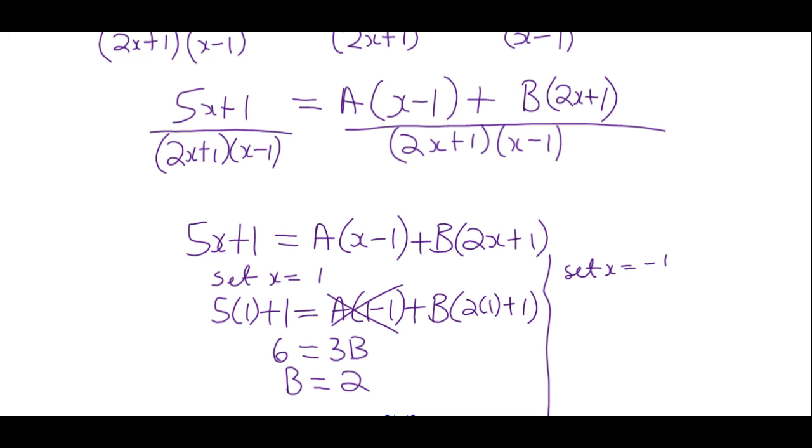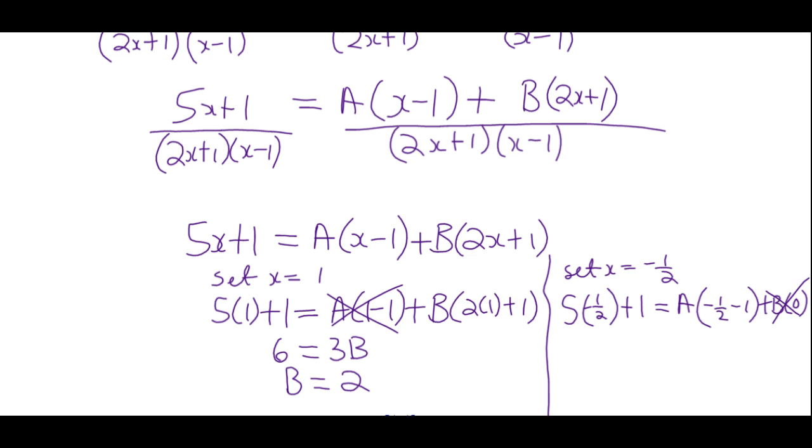Set x equal to negative 1/2. That's not randomly chosen. Did you just pull a 1 out of the air? No. I said, if x is 1, this goes away. If x is negative 1/2, this goes away. So what do I get? 5 times negative 1/2 plus 1 is equal to A times negative 1/2 minus 1 plus B times 0, which I'm just going to write in there.